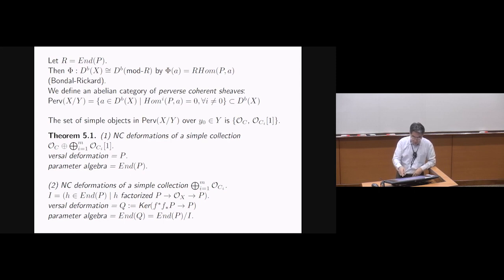The image phi of A is given by derived Hom from P to A, and after that the ring R acts from the right. So that is the right action of the ring. And this is the so-called tilting theory, giving the equivalence.